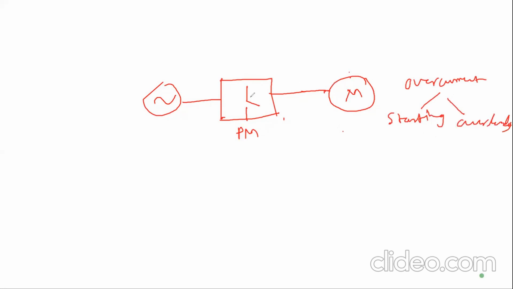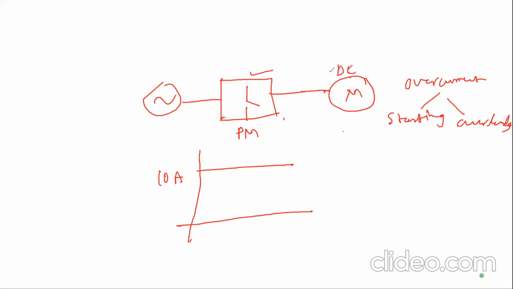But here the supply is not directly given to the motor, it is given to power electronic switches. Whenever the current goes beyond a limit, suppose you want to limit the current up to 10 ampere, and suppose this is a DC motor.